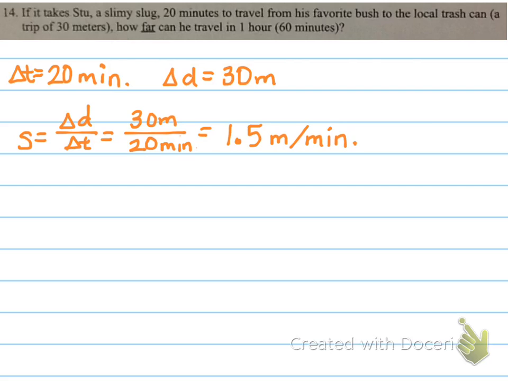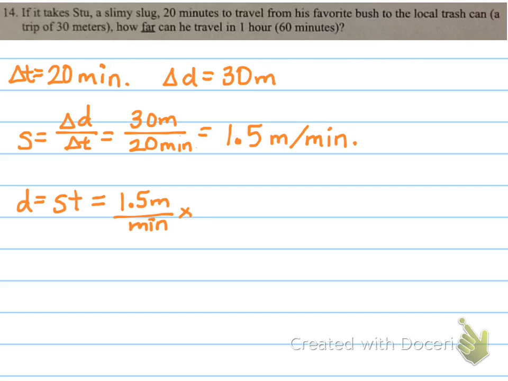So now we know about the slug's speed. The question is, how far can he travel in 1 hour? So we want to know his distance, which is going to be his speed times his time. Okay. Which, again, you have on your manipulations. So we know his speed is 1.5 meters per minute.